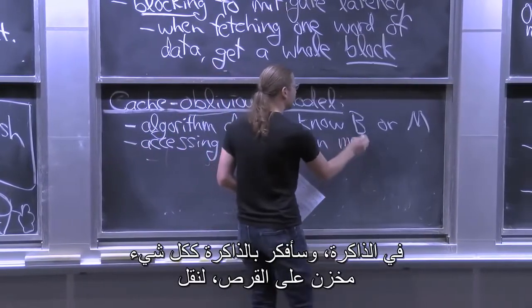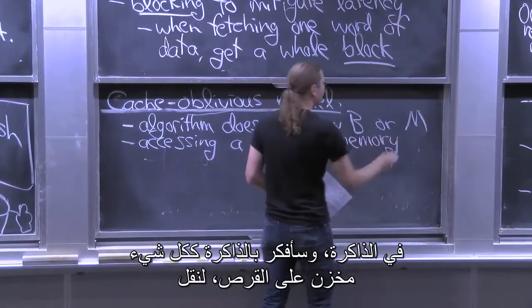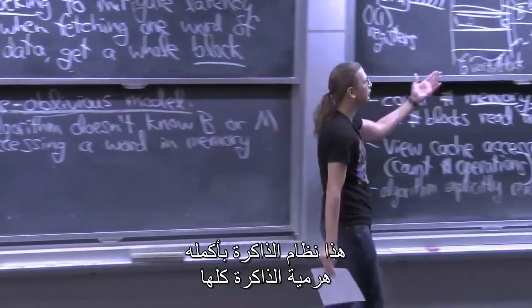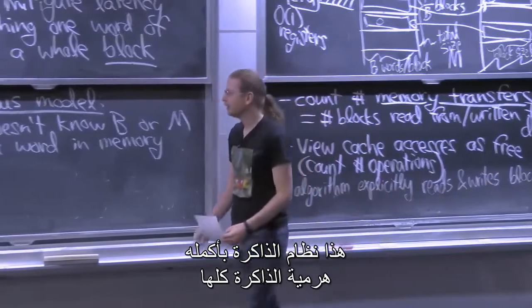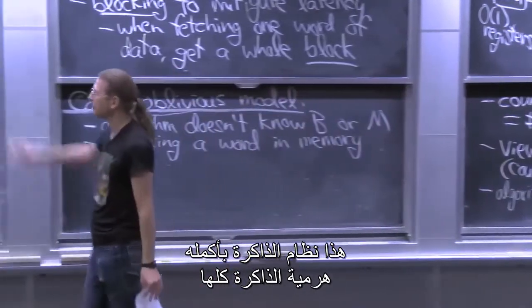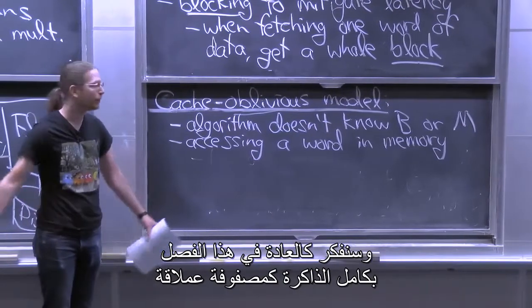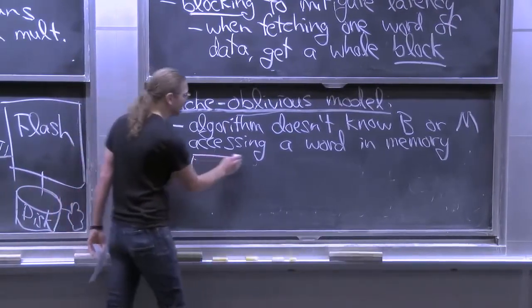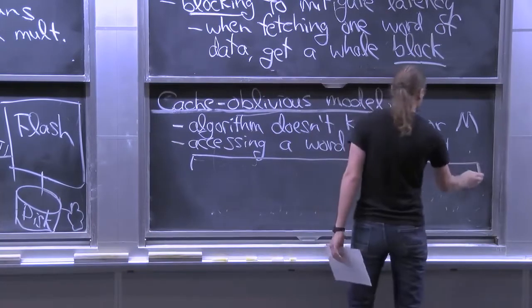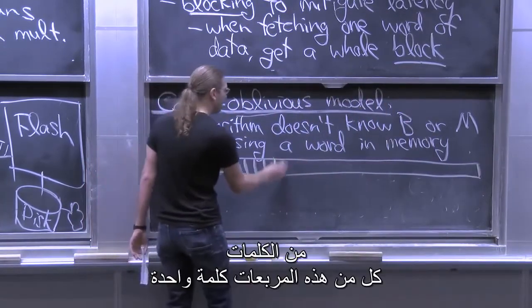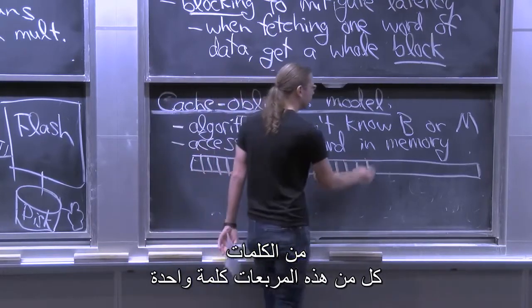in memory, and I'm going to think of memory as everything. This is what's stored in the disk, say. This is the entire memory system, the entire memory hierarchy. And as usual in this class, we're going to think of the entire memory as a giant array of words. Each of these squares is one word.